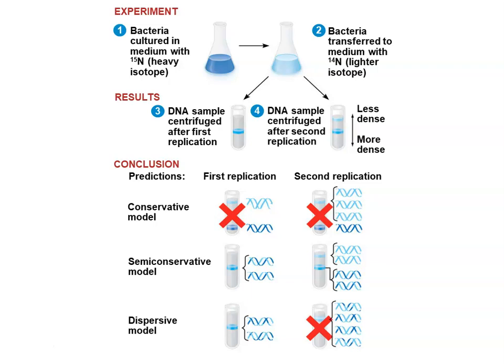So you're going to have about a 50-50 split between those bands. With the dispersive model, you would have seen more of the same band size because they would have been a blend of one another. You would not have seen just the two separate bands that we see with the semi-conservative.